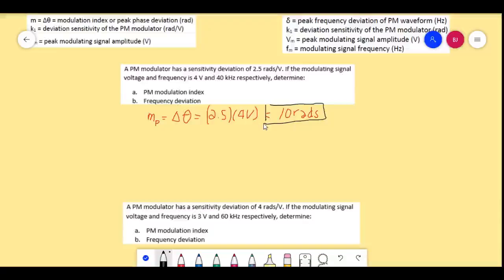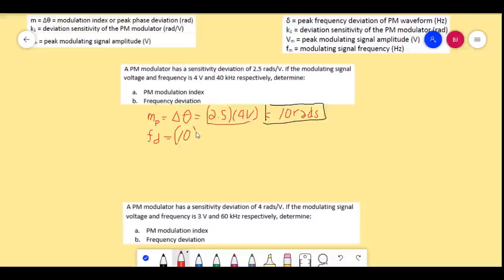Once we determine the modulation index for PM, then we will be able to get the frequency deviation. So the frequency deviation is actually K1 Vm, which is this one already, multiplied by our signal frequency. We already have 2.5 times 4, so we have the 10 here.